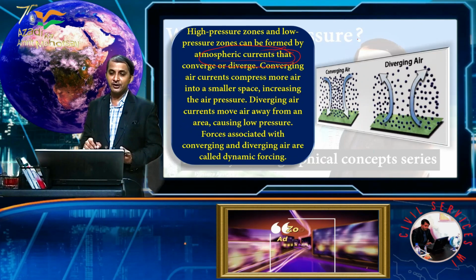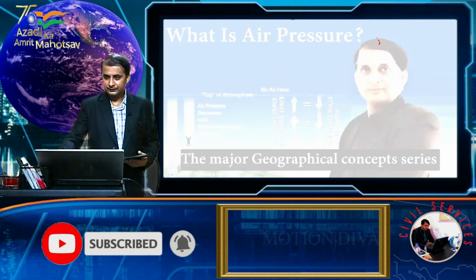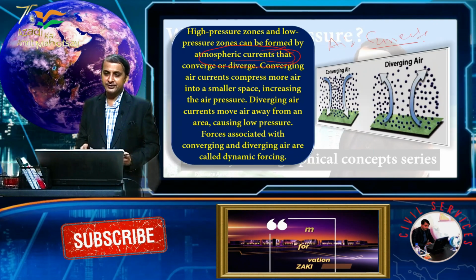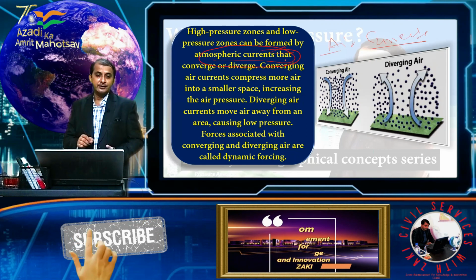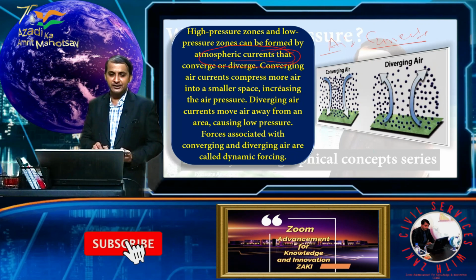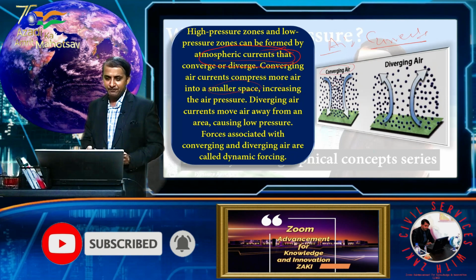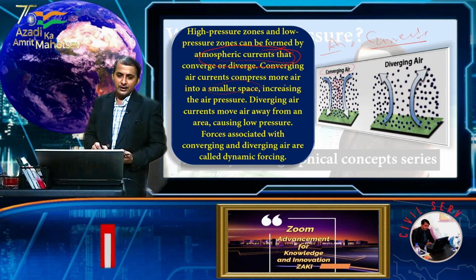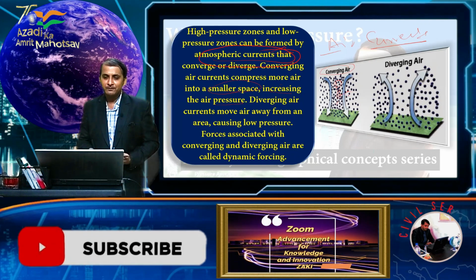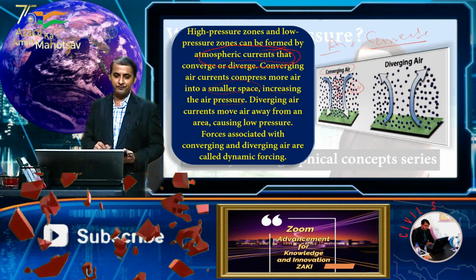It is called air current or atmospheric current, which can converge or diverge. Converging air currents compress more air into a smaller place. So converging air compresses more air molecules into a smaller place, increasing the air pressure. So here pressure is increased, which means it creates a high pressure zone.